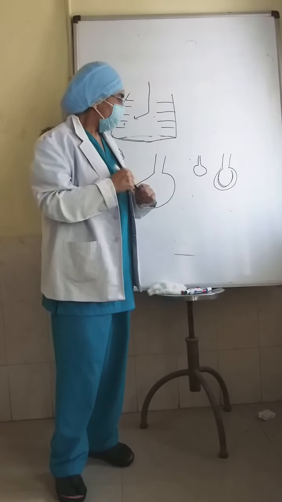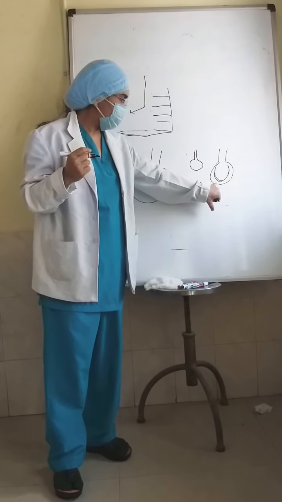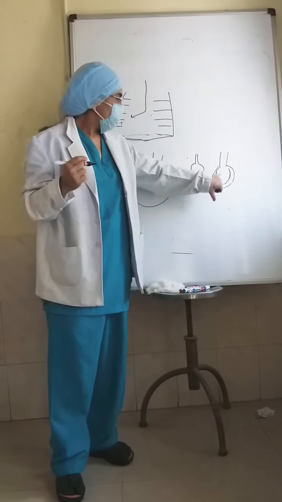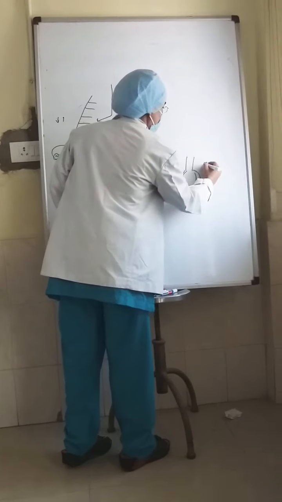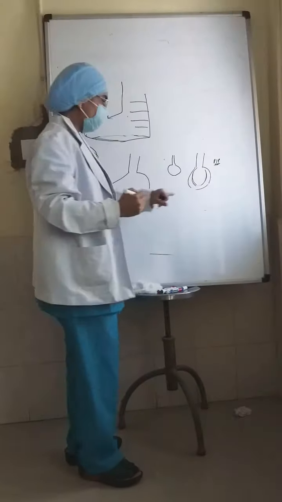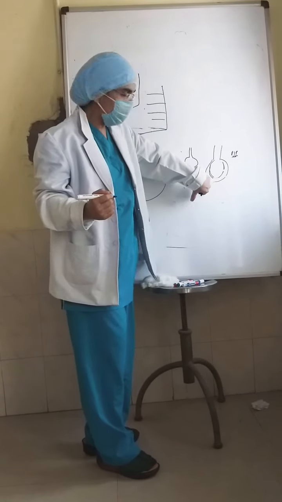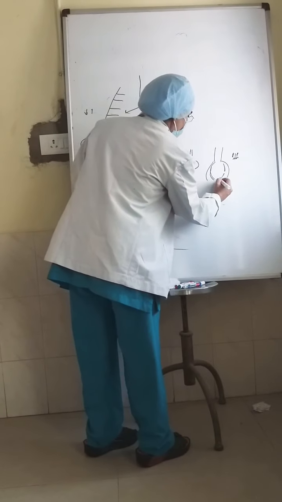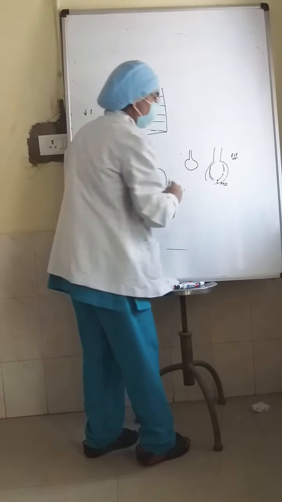Before it closes off, we need a pressure which can keep it open. The pressure required to open the lung is called peak inspiratory pressure. The pressure required to retain the alveoli in the same position is called positive end-expiratory pressure, or PEEP.